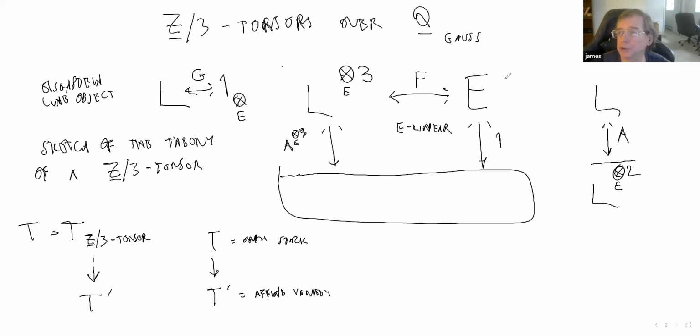So it's going to have two coefficients. An Eisenstein quantity has two coefficients. And it's going to have a second Eisenstein quantity, right?